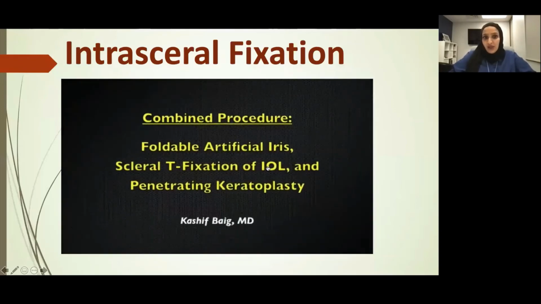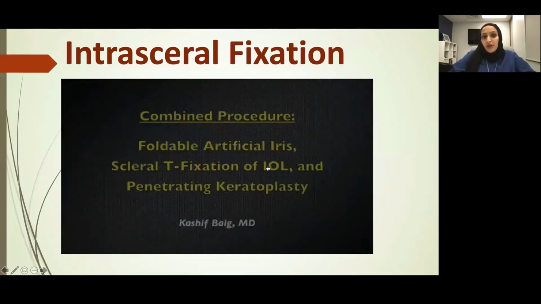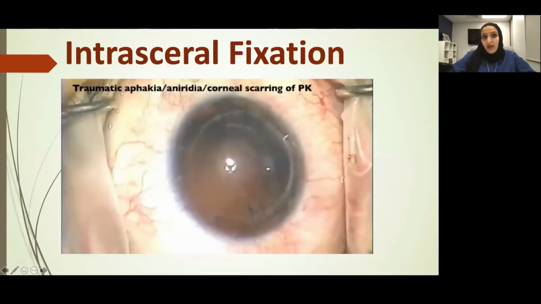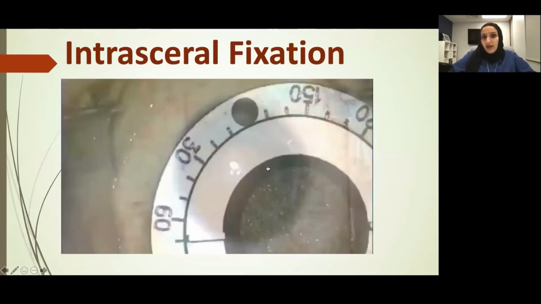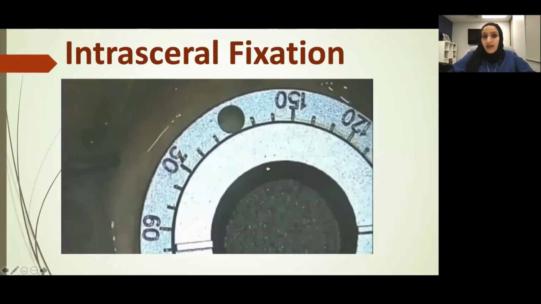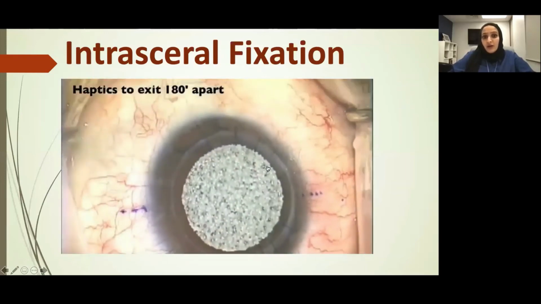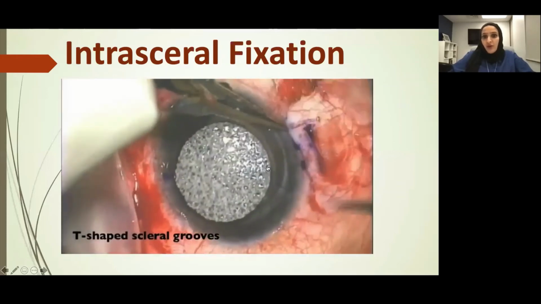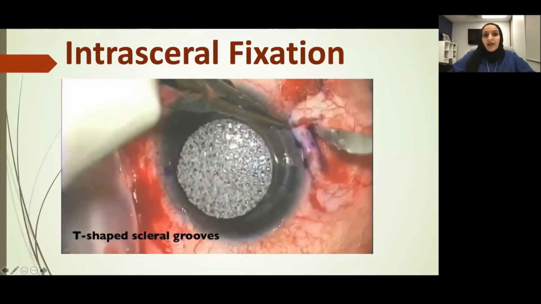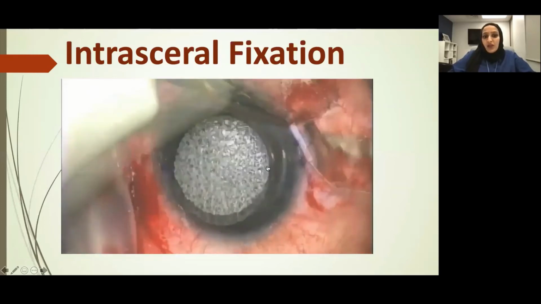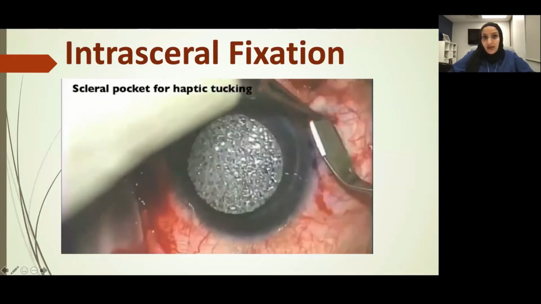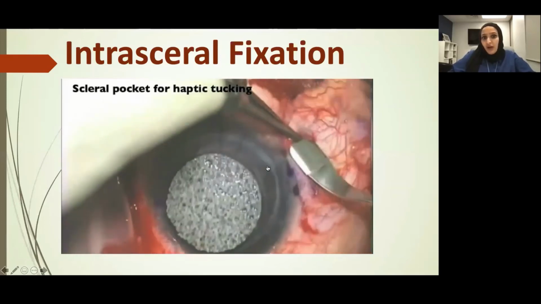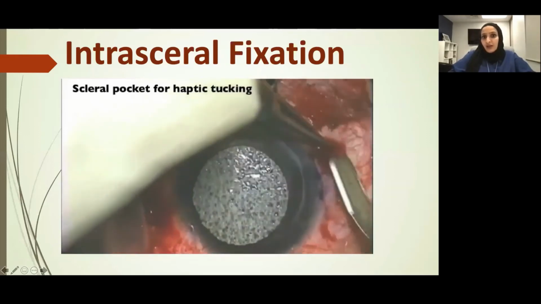Intrascleral fixation. Here, as you can see, this was combined. This is a traumatic aphakia and aniridia, with corneal scarring of a previous PK. It's very important to use the toric markers to mark 180 degrees, just to know the exit points of the haptics. Here we're doing the T-shaped scleral incisions, and then pockets for future haptic tucking.